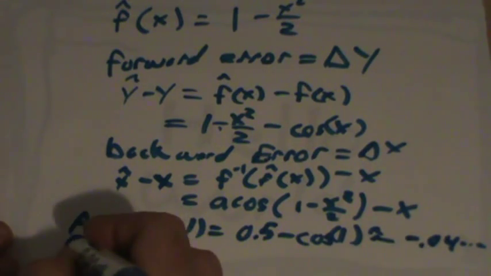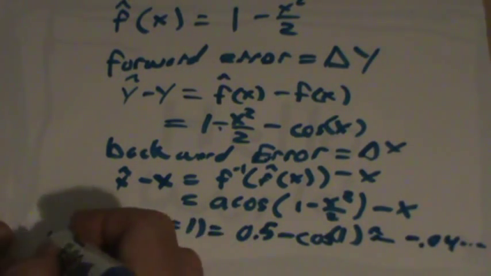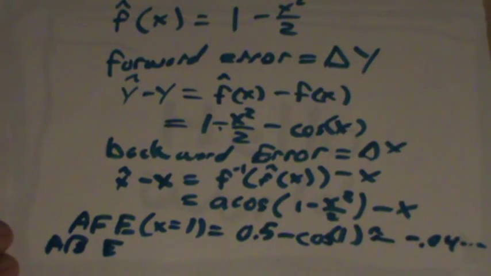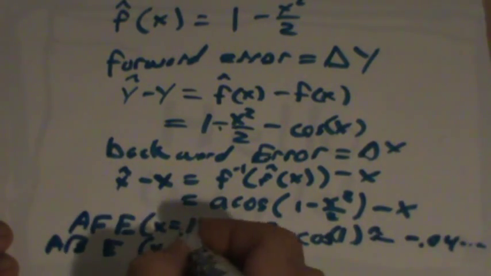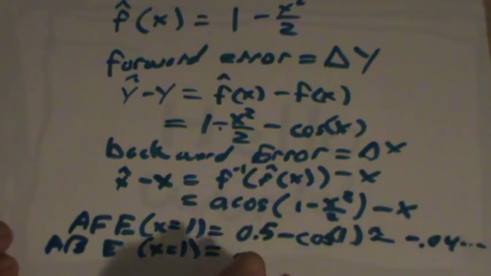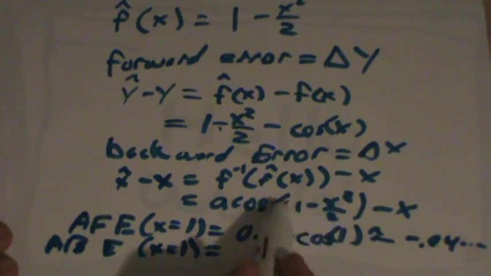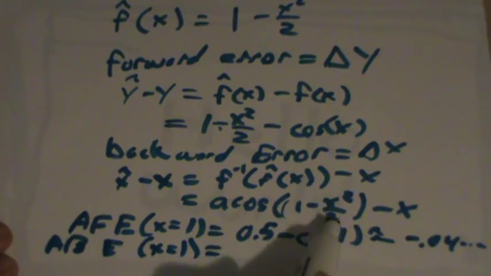The backward error, and again this is in an absolute sense, at x equals 1 is going to be equal to, now I've got to use this expression. So again, this is 0.5, 1 minus 1 squared over 2, because x equals 1. And I want the arc cosine of 0.5.